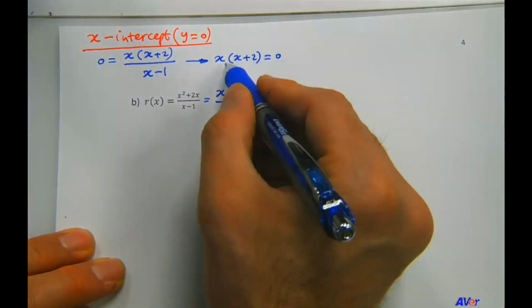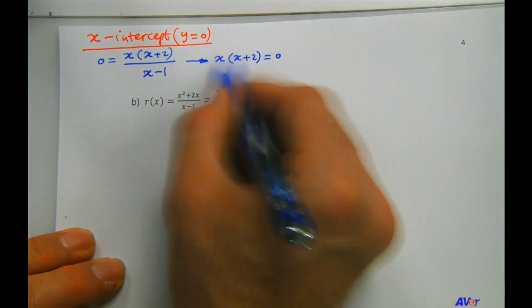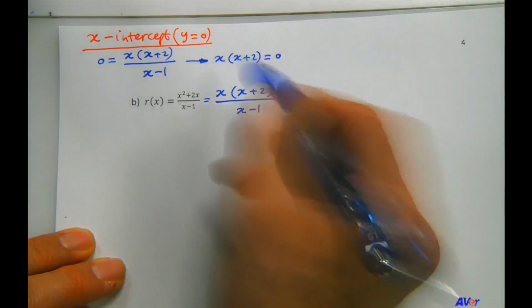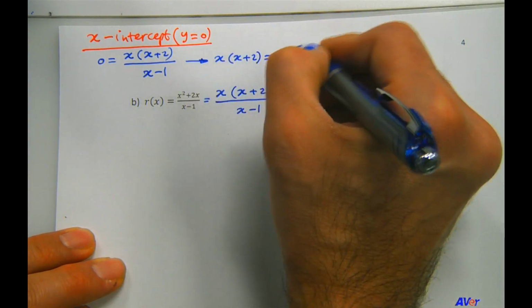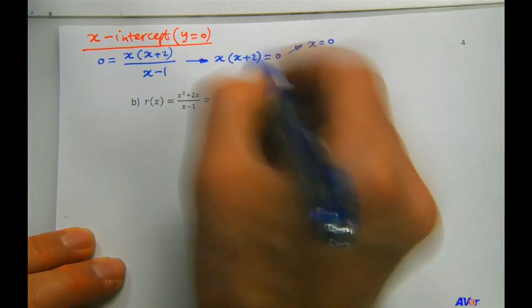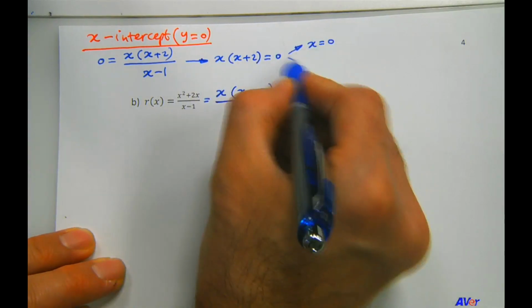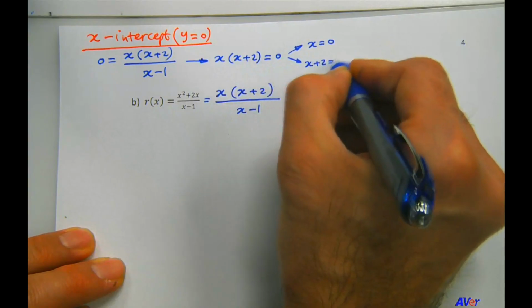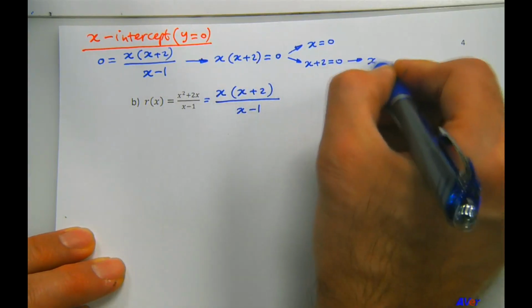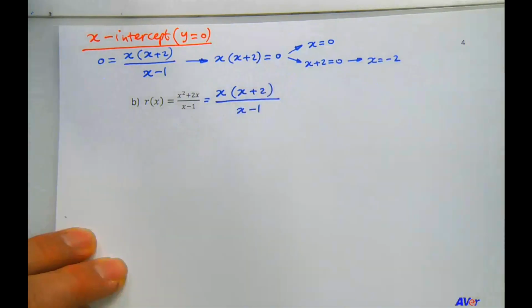So from this, we can set each factor equal to 0 and solve for it, right? If you set x equals 0, you end up with x equals 0 as one solution. And if you set x plus 2 equals 0, then you end up with x equals minus 2, right?